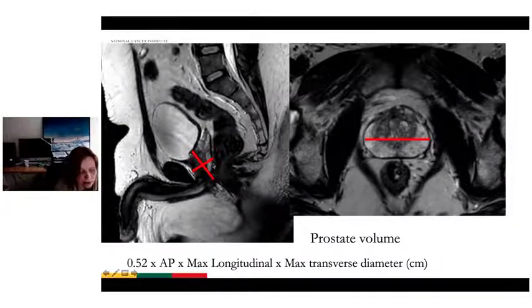Then the second is from the anterior part to the dorsal part, and from right to left. And then we have a formula and we get a prostate volume, which should also be a part of the radiologist report.